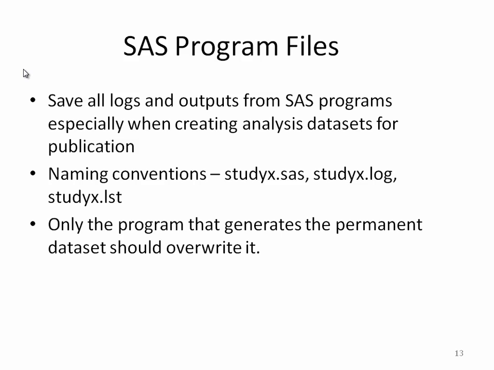Because other programs, even a proc sort, will change the date and time associated with that data set. So if you sort a data set and override it, then all the other programmers might think, oh, I have the latest data set because it's from last week. But that may not be the latest data set. That's just when that particular file was updated. It may not be the actual data set that they want to be working with.